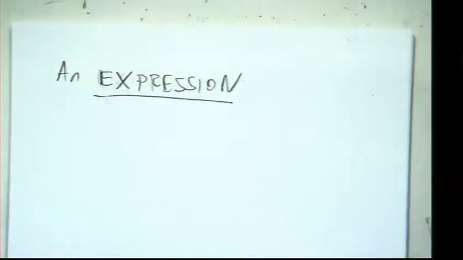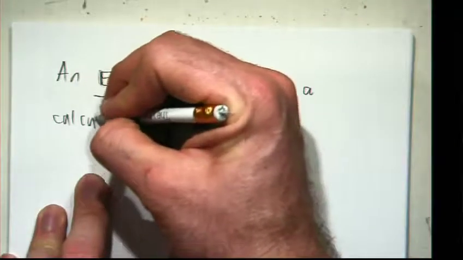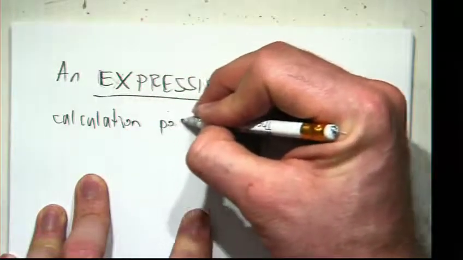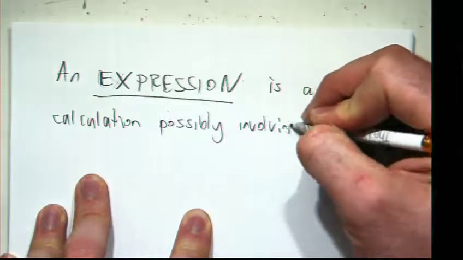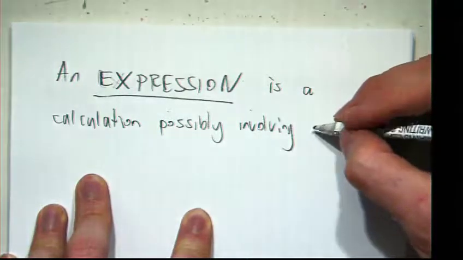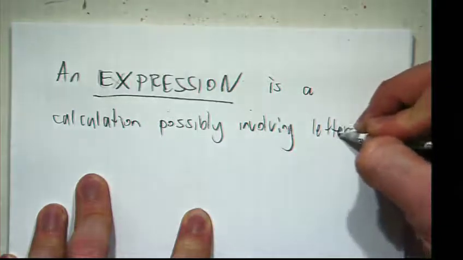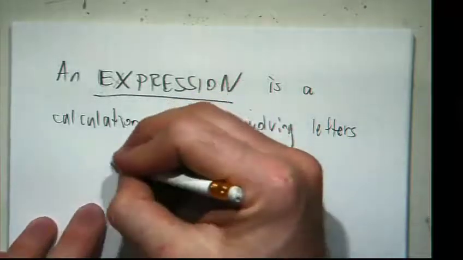An expression, possibly involving letters. But the important part of an expression is it doesn't have an equal sign in it. It's just some times, some divides, some brackets, some powers, some x's. Okay?